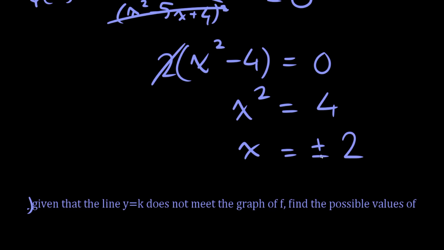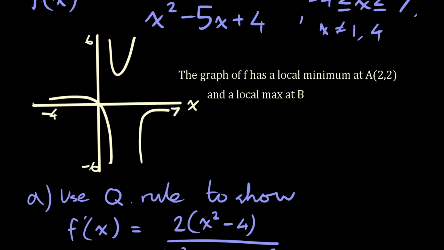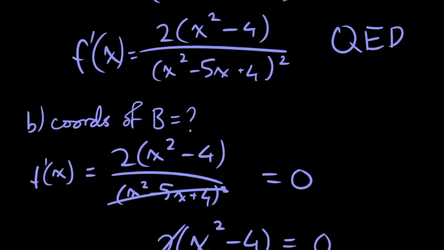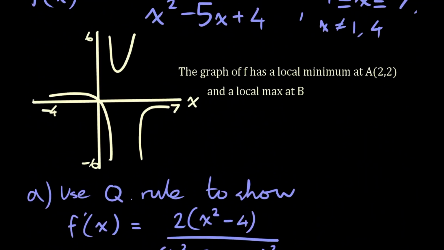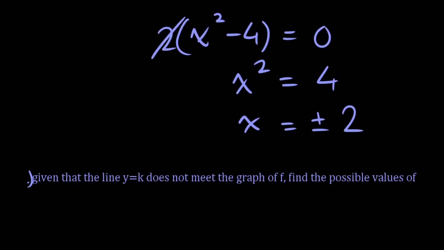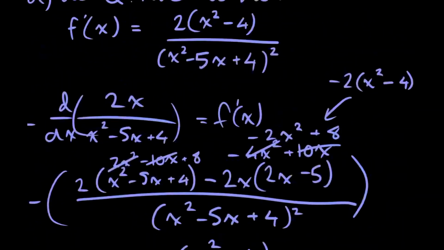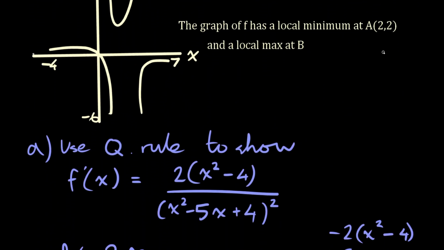So it's important that we get plus or minus because with a bit of logic and without using the second derivative, we can figure out which one is the local minimum and local maximum. Because we have two values, -2 and 2, which tell us that we have one local minimum and one local maximum according to the graph. And obviously, they give us that the local minimum is at positive 2.